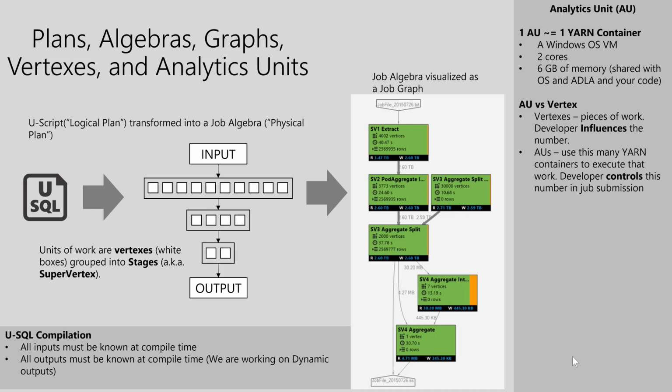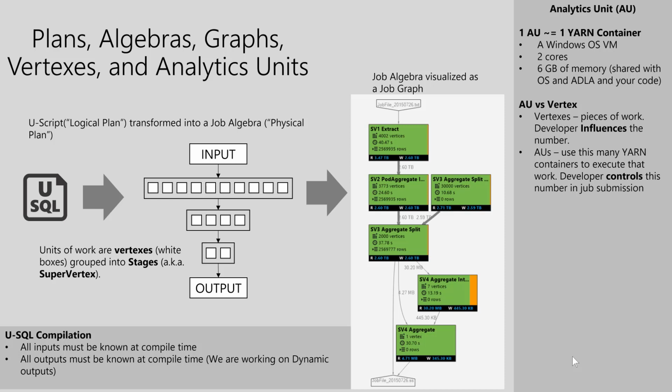I also want to clarify the difference between an AU and a vertex. A vertex, again, is a piece of work, and what influences that is the amount of data, what the script is actually doing, etc. An AU is a container. It's an amount of compute resources in terms of cores and memory.